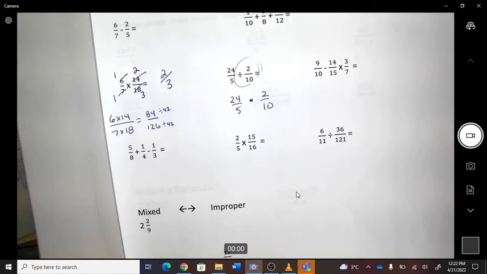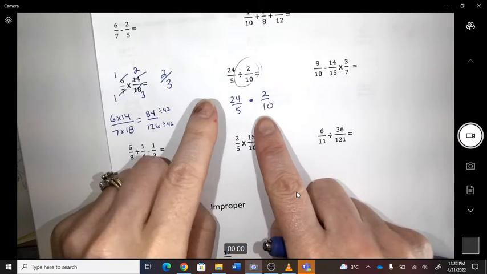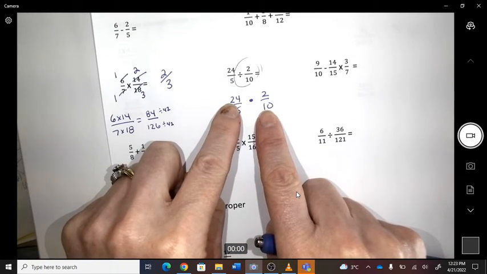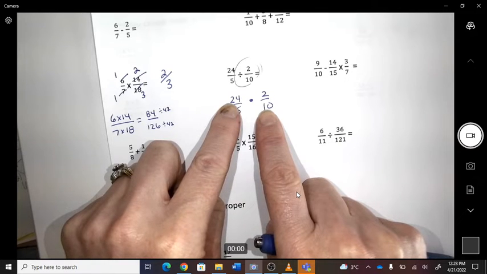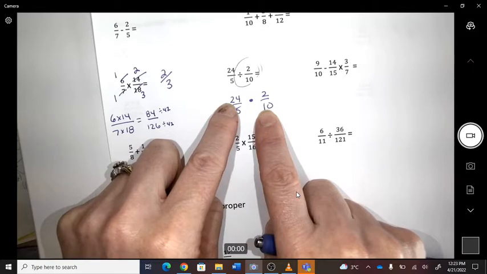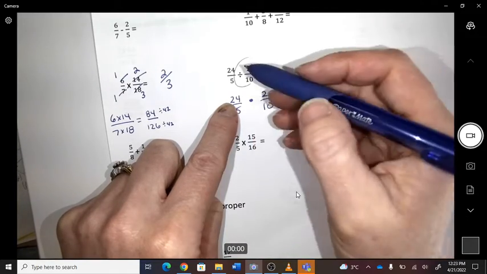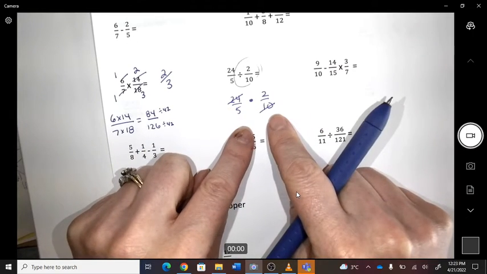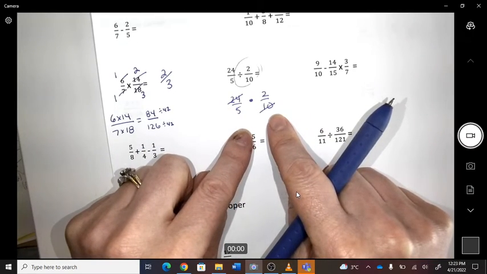Can I divide any top numbers and bottom numbers by something that's the same? I think I could do a 24 and a 10, both divisible by 2. Or 2 and 10, both divisible by 2, doesn't matter.